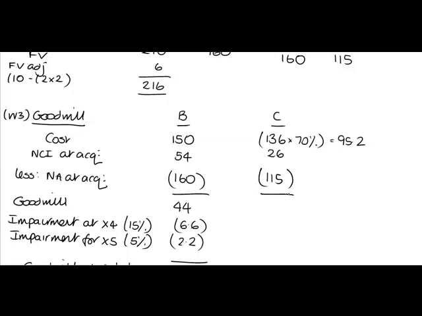So we've got 95.2 plus 26 less 115. Goodwill is 6.2.